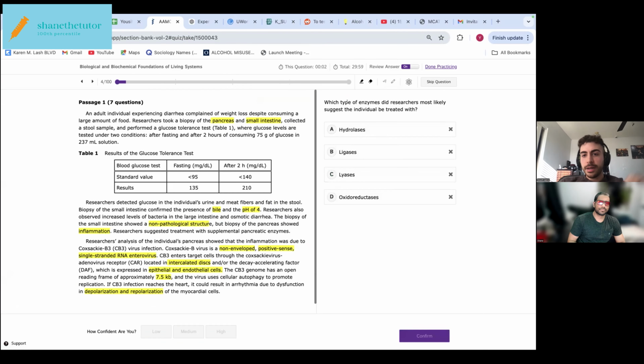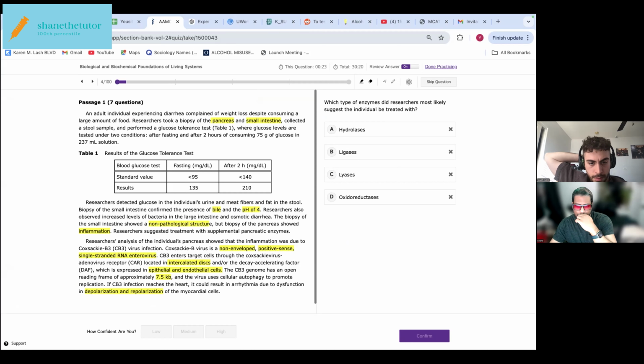Which type of enzymes did researchers most likely suggest the individual be treated with? The researchers suggested treatment with supplemental pancreatic enzymes.